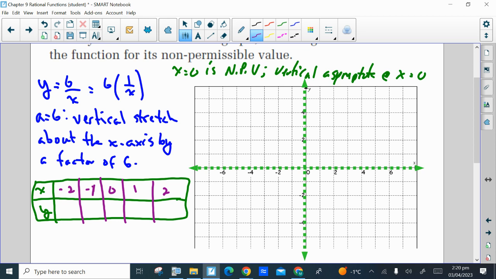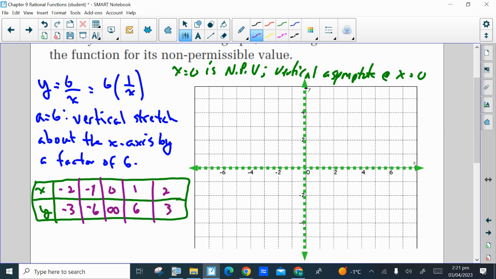When x is -2, 6 divided by -2 is -3. When x is -1, 6 divided by -1 is -6. I put 0 in there, but we know that x can't equal 0. It's a non-permissive value. It doesn't exist. When x is 1, 6 over 1 is 6. 6 divided by 2 is 3.